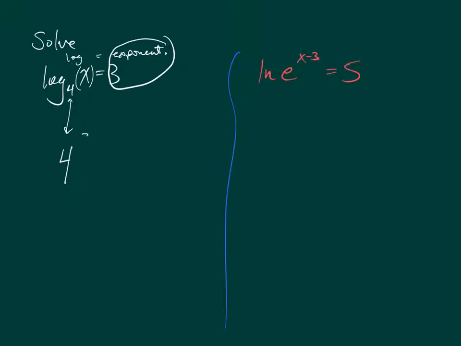The base. So the base gets the exponent, and we've taken care of log base 4, we've taken care of the 3. The only thing that's left is this x here in the argument, and that's what will equal the exponential part over here. So x equals 4 to the 3rd power. Easy enough, that's just 64.